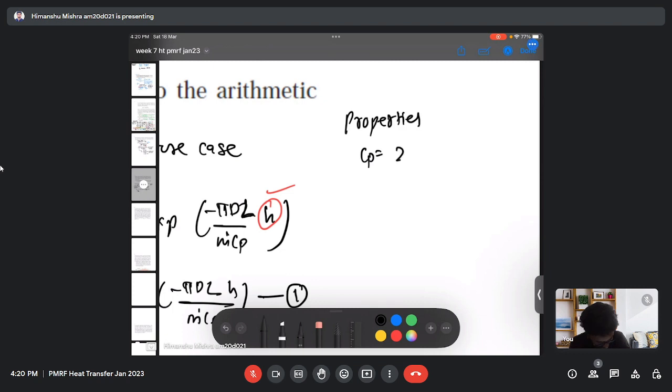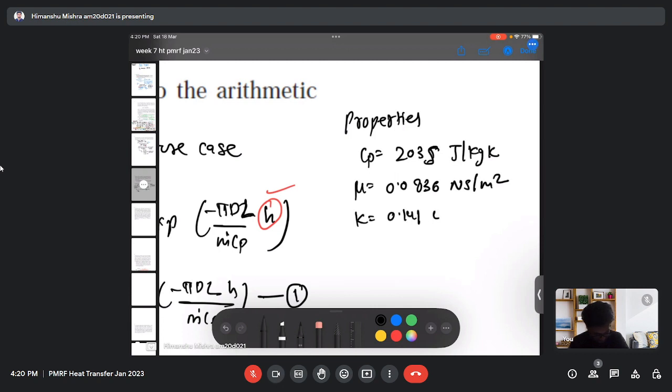Heat capacity is 2035 joule per kg Kelvin, and dynamic viscosity is 0.0836 Newton second per meter square. My thermal conductivity is 0.141. Prandtl number is 1205.